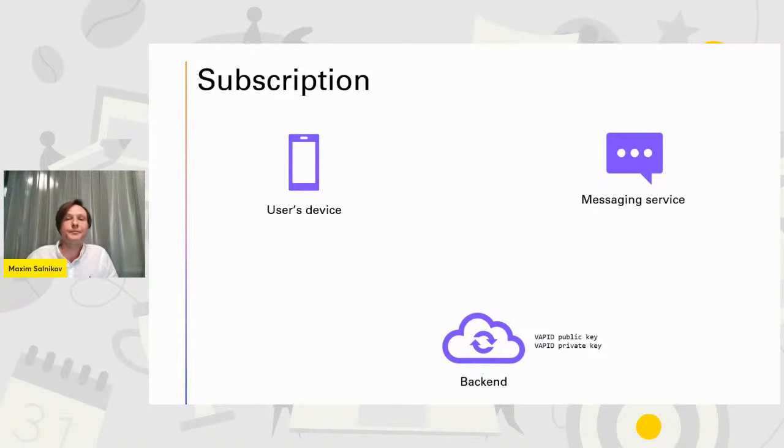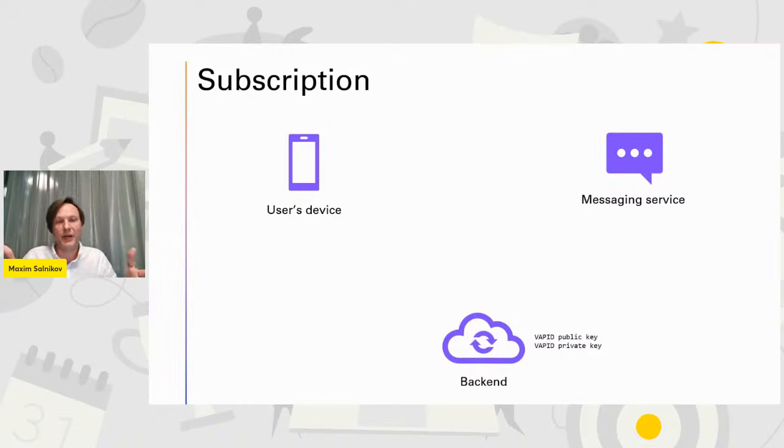In the web push story, this key pair is called VAPID. I don't remember the exact expansion for this abbreviation. Sounds like voluntary application server identification. Yeah, I think this is it.